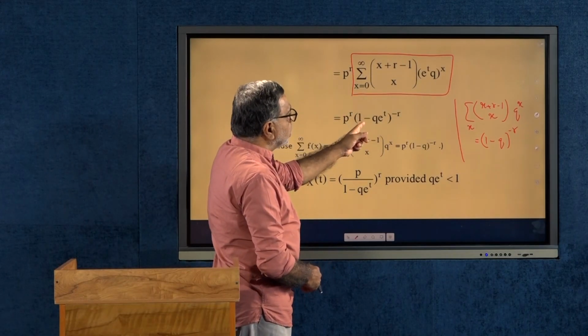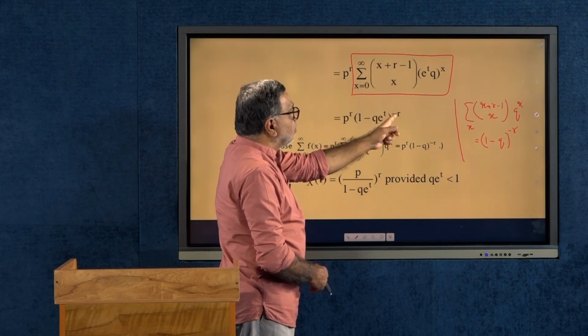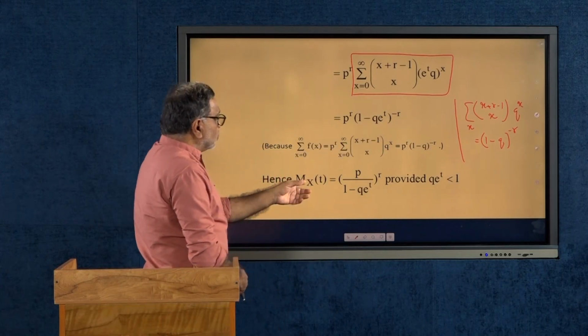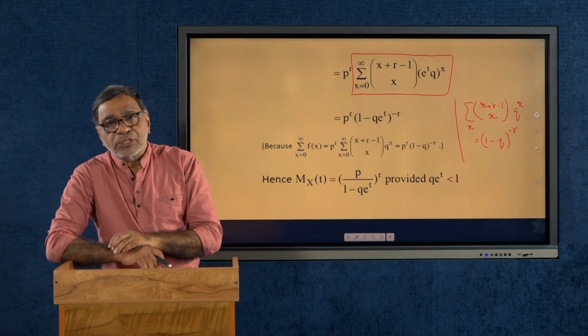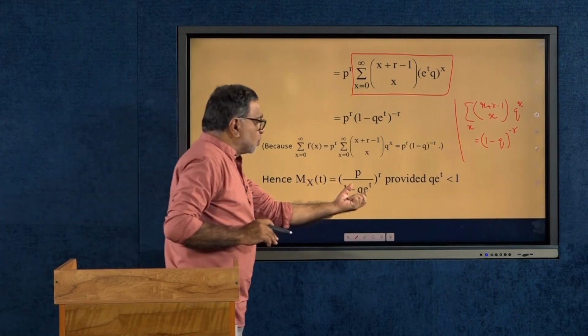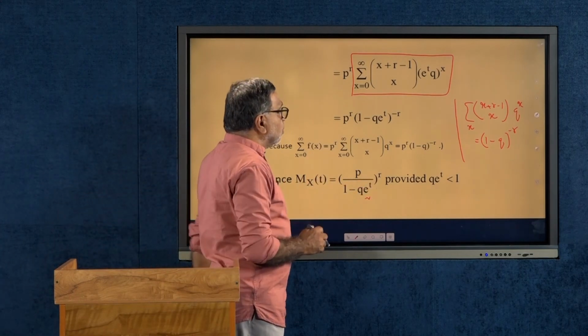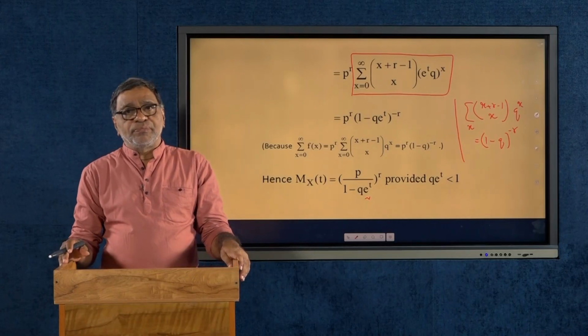So this is 1 minus q e power t all power minus r. So the moment generating function is equal to p divided by 1 minus q e power t all power r, provided q e power t is less than 1, or e power t is less than 1 by q.